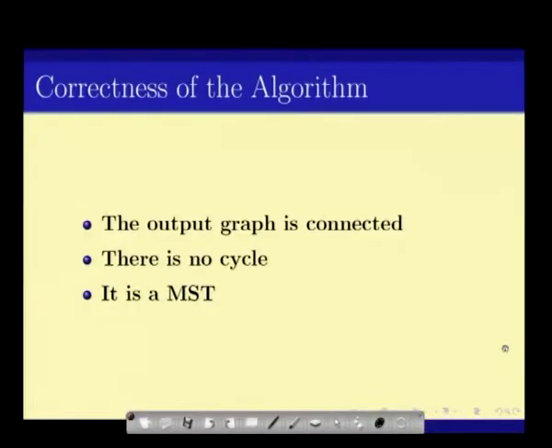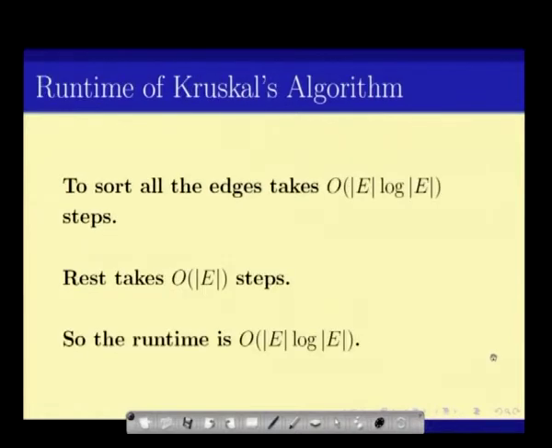It is clearly a greedy algorithm because it does everything in a greedy way. It picks the minimum weight as much as possible, but the correctness proof of this algorithm was a bit complicated. In fact, it was not clear at first shot whether the output of the algorithm is connected, and secondly whether it creates a cycle and so on.